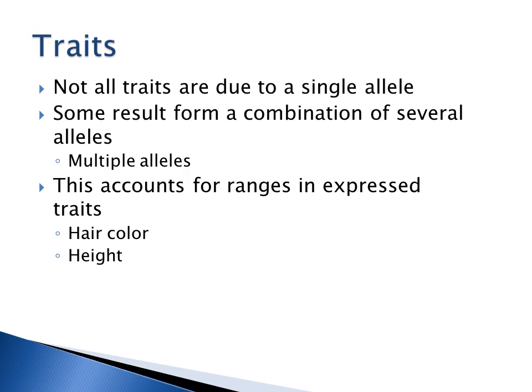So two different people may have the genotype for brown hair, but one person has a lighter brown and the other person has a very dark brown. It's due to this combination of several alleles and their expression levels.